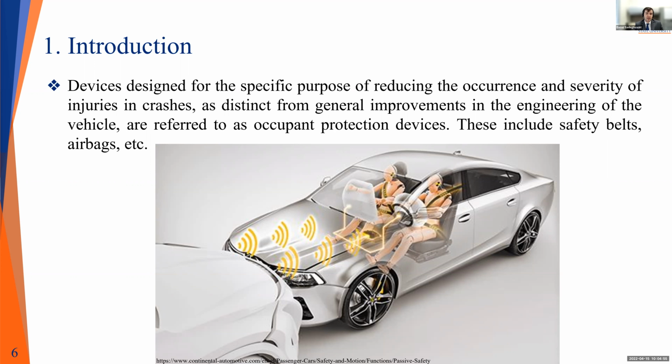First, trying to reduce the possibility of having any crash, as active technologies. And also second, what if a crash happens? So we want to get familiar with technologies that are going to help us when we get in a crash. And we call them passive safety technologies.